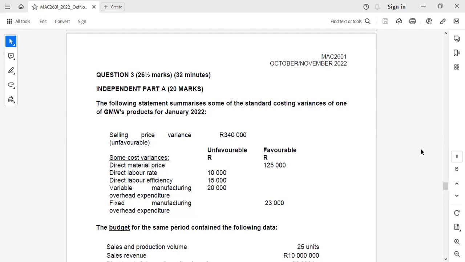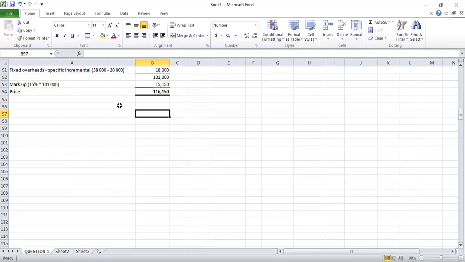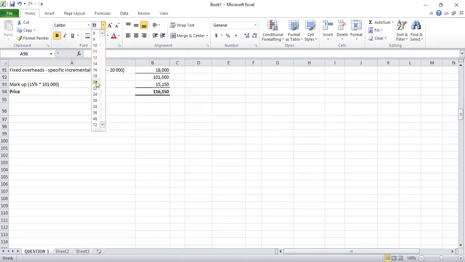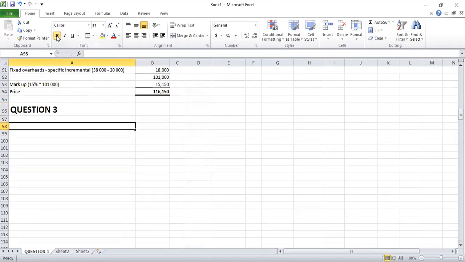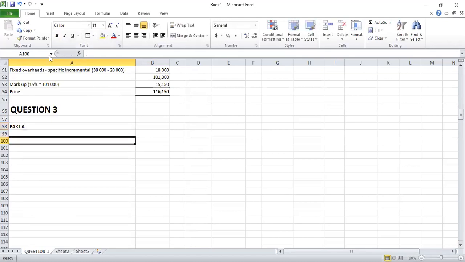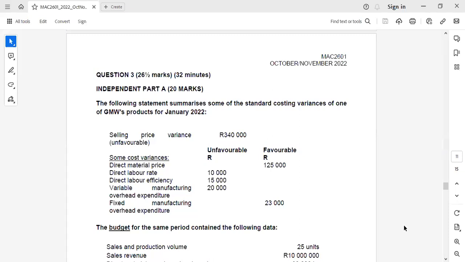Okay, so that's question 3. We are given the following statement summarizes some of the standard costing variances.